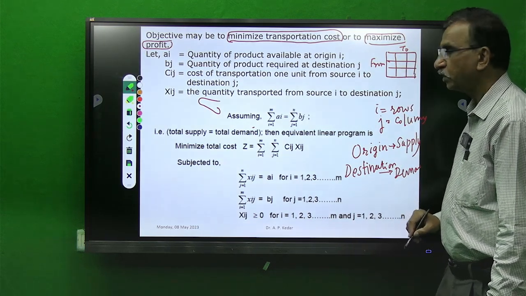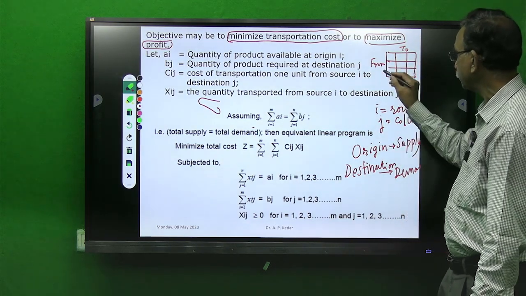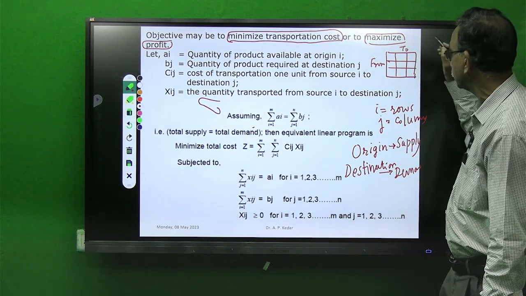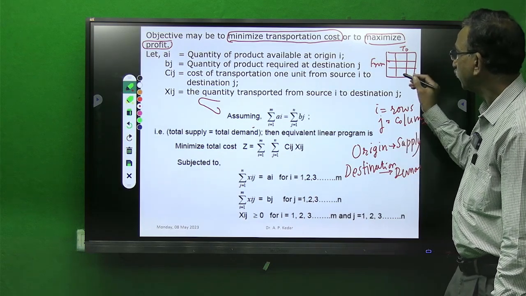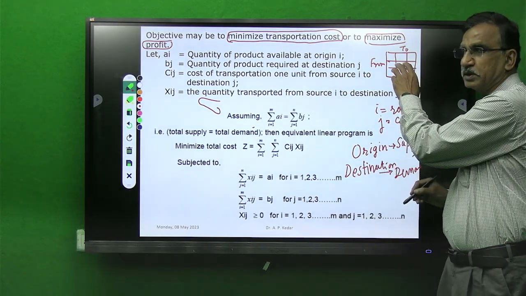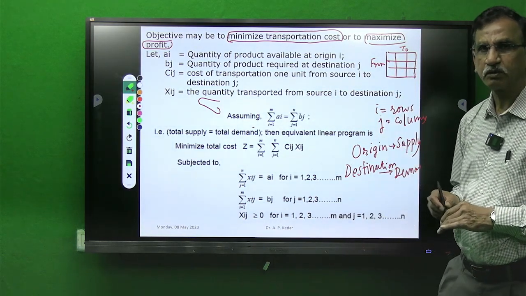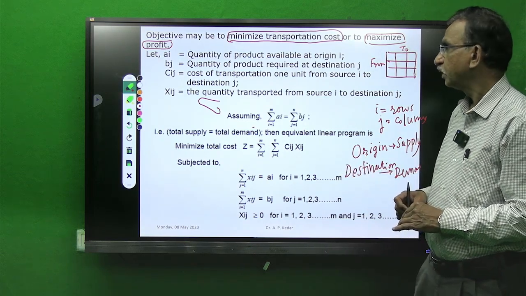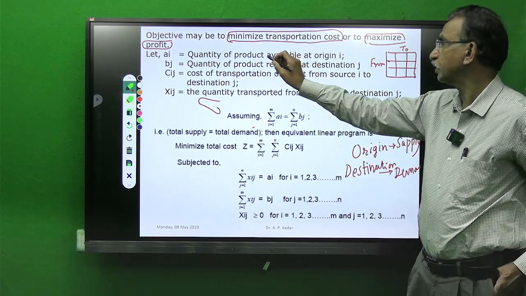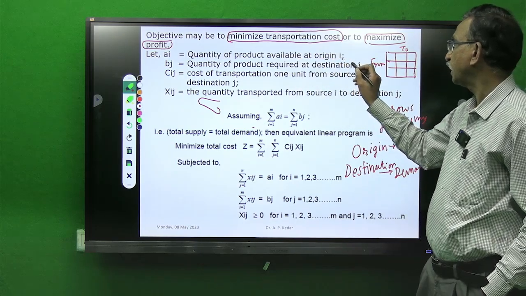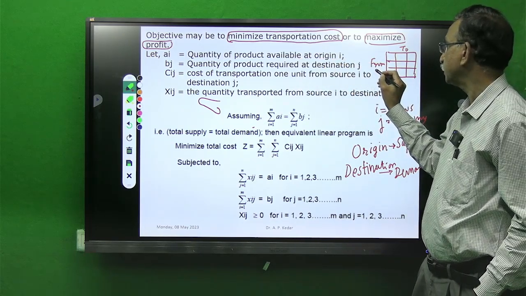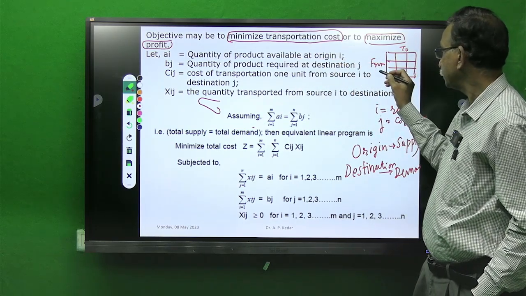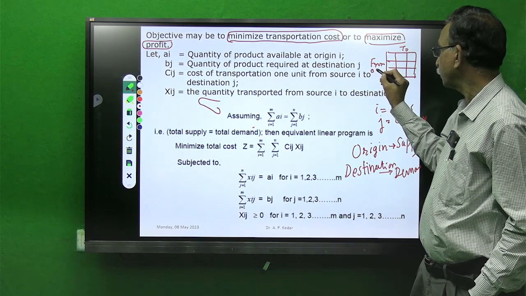So from is related to origin, to is related to destination, and what are the contents inside the cells we will go through in detail in further slides. Let a_i be the quantity of product available at origin i. So this from means it is acting as origin.